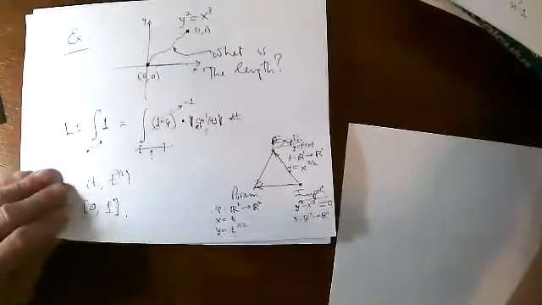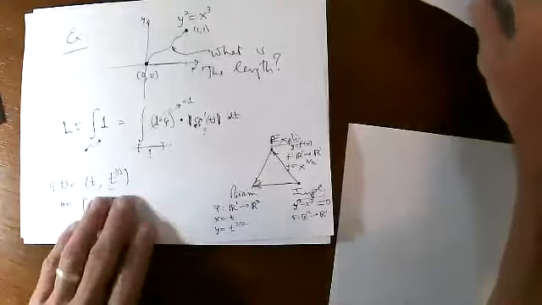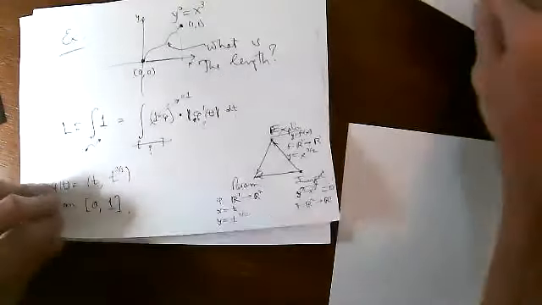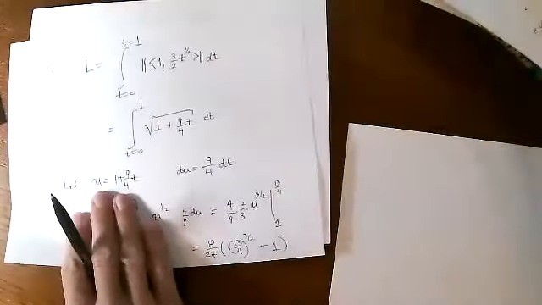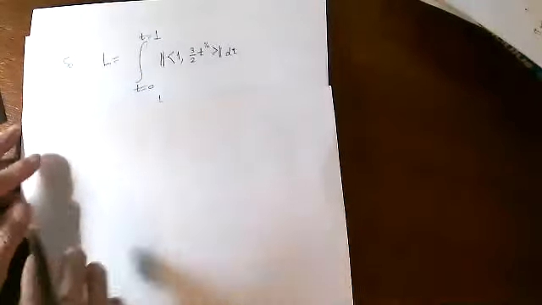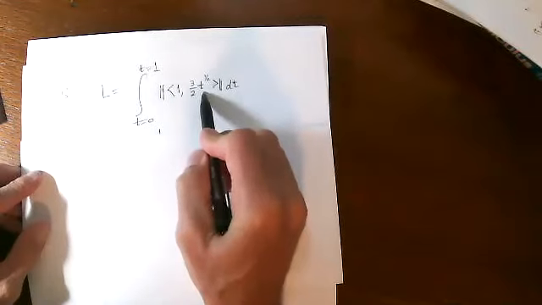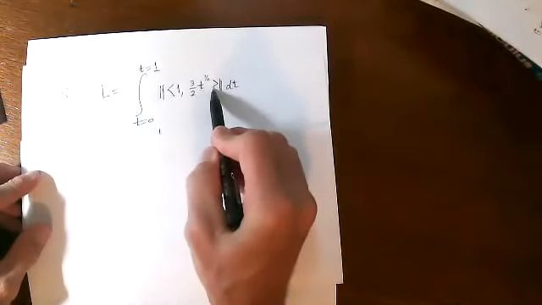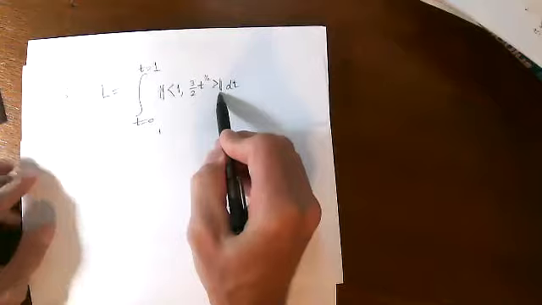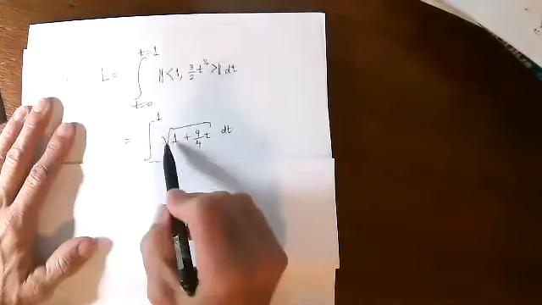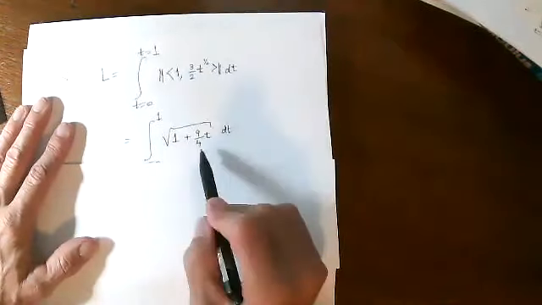So I can compute the velocity vector for you by just differentiating both of these components. I've done that here. There's the derivative of t, here's the derivative of t to the 3/2. So there's my velocity vector, and you guys know how to compute the magnitude of a vector. That's just the square root of the sum of the squares of the two components.